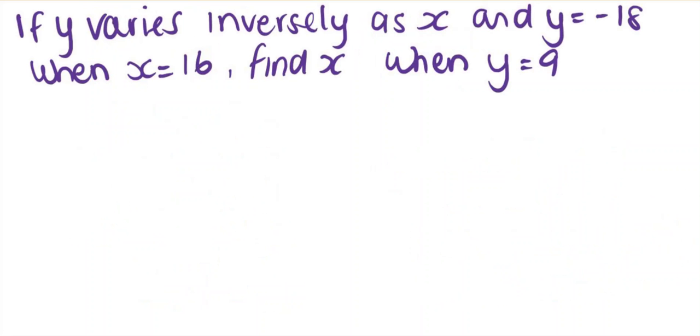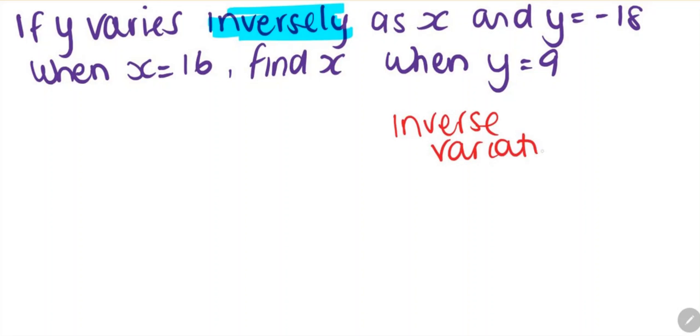Okay, so we have, if y varies inversely, so this time inverse variation, so we need to use the inverse variation formula. It says if y varies inversely as x, and y is minus 18 and x is 16, find x when y is 9. The value we're going to find we'll call 2, and the ones we know we'll call 1.